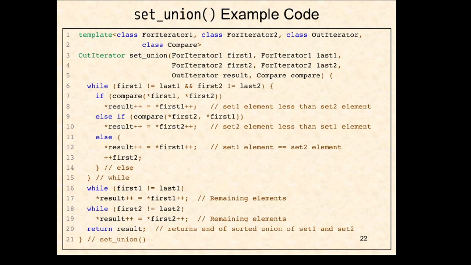Now, the forward iterator, let's remember what it means. Forward iterator means all iterators can be copy constructed, so we made copies of the iterators here. All iterators are allowed to be dereferenced. All iterators are allowed to be plus-plussed. A forward iterator, we can read from it, and we can read from it multiple times before we plus-plus it.